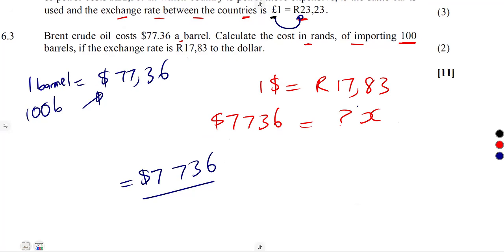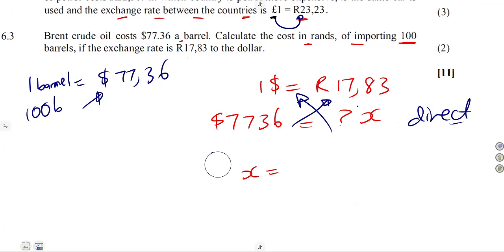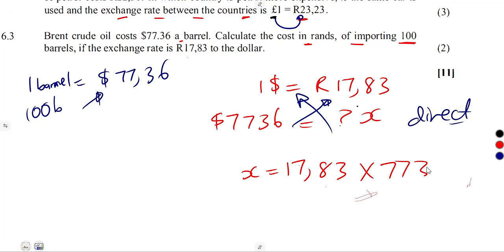It's more. So more is a direct proportion where we cross multiply. So x is equal to the product of these two: 17.83 times 7736.